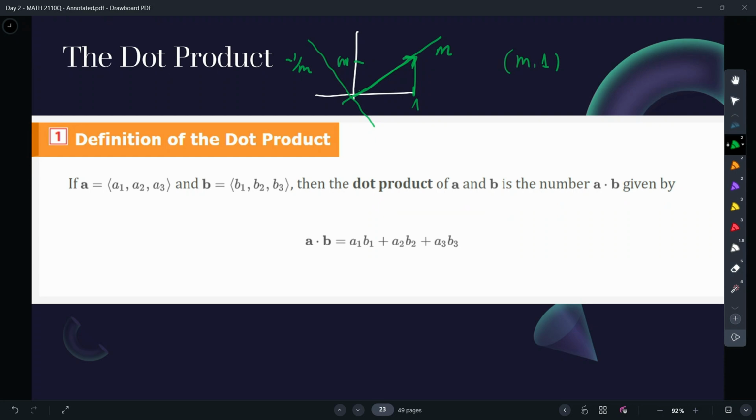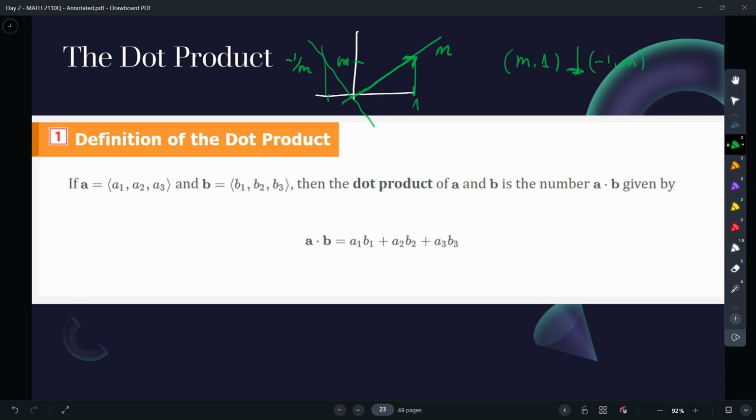And now if I want a vector that has a slope -1 over m, I want a rise of -1 and a run of m. So how about if I do (-1, m)? So that vector (-1, m) will be perpendicular. So these two are what we call perpendicular.